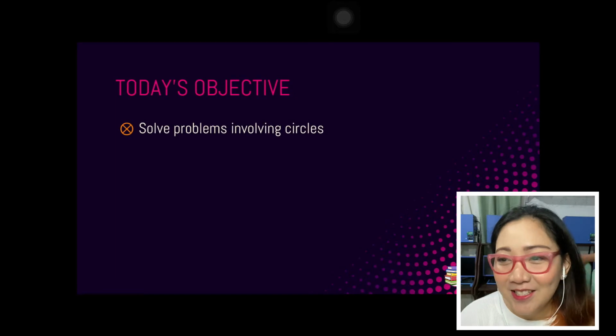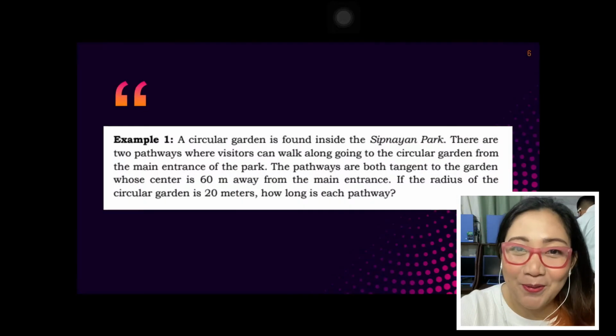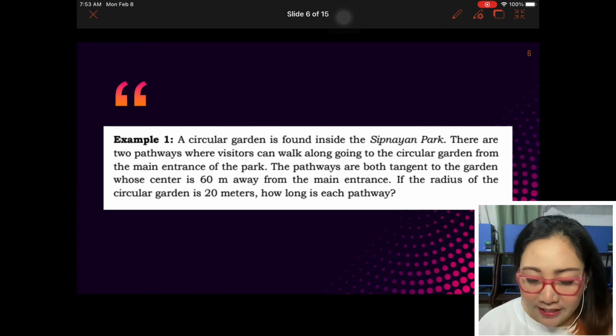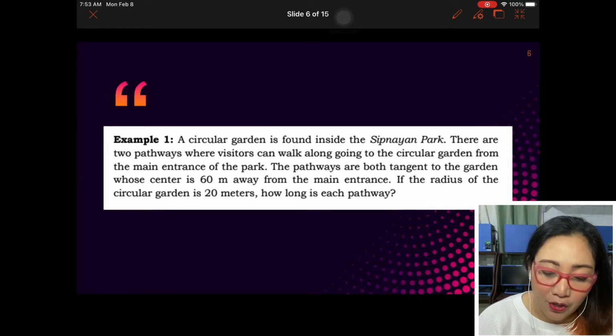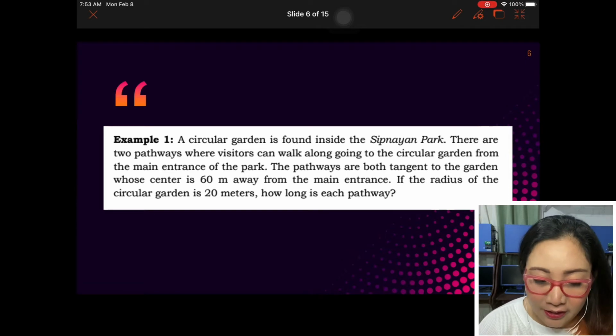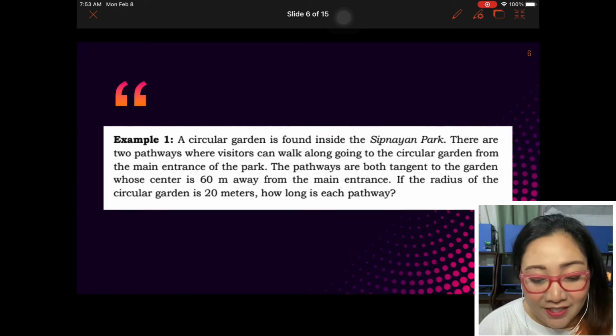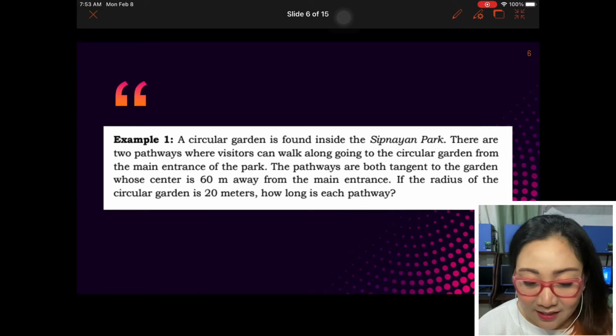Alright, so let's look at our first example. For our first example, we have this problem. A circular garden is found inside the Sugnayan Park. There are two pathways where visitors can walk along through the circular garden from the main entrance of the park. Pathways are both tangent to the garden, whose center is 60 meters away from the main gate.